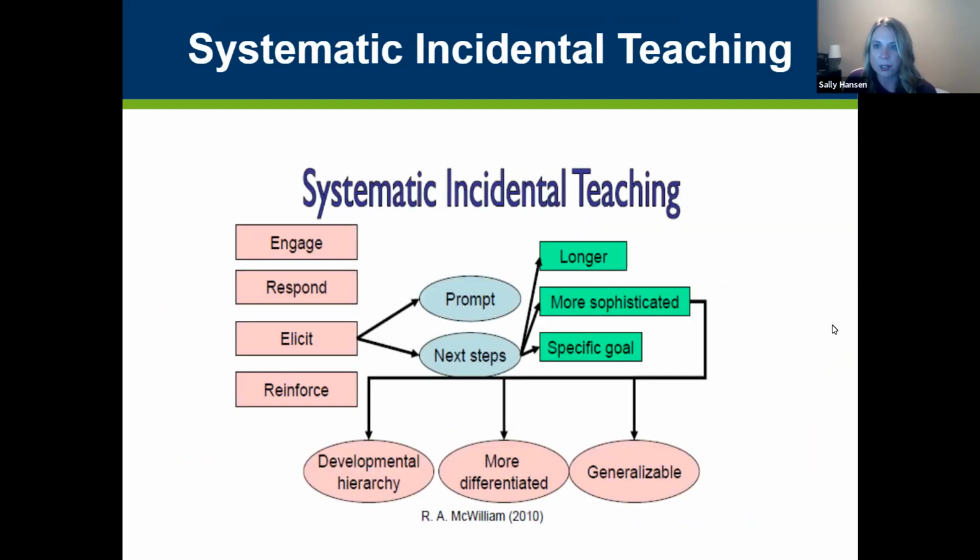There's an article on the Share site written by Dr. Robin McWilliams about incidental teaching, and this graphic gives you a snapshot of how incidental teaching works. We engage the child or we deepen their engagement, we look for their response, and then we elicit a little bit more learning. We prompt so that they get to longer engagement, more sophisticated, or a more specific goal.